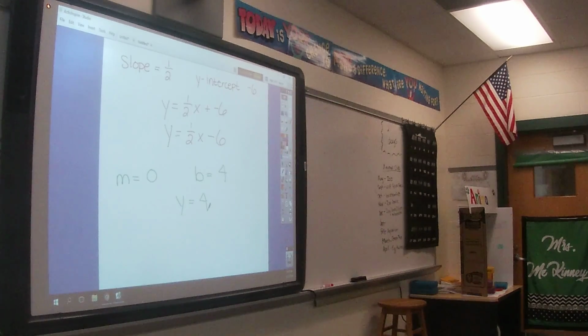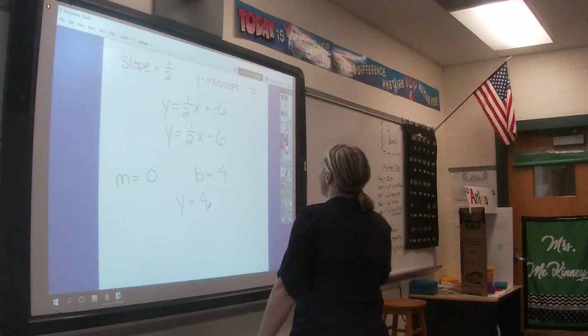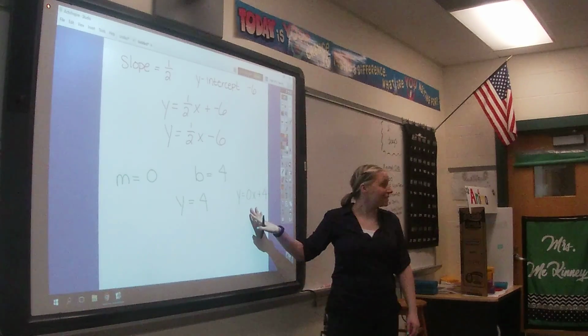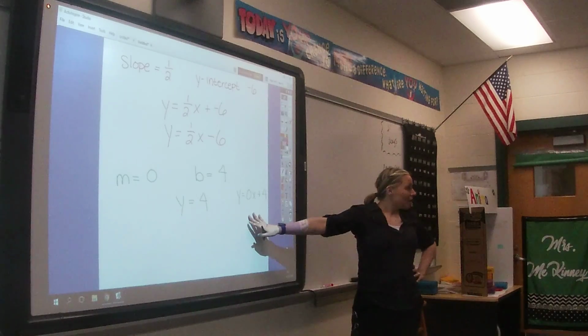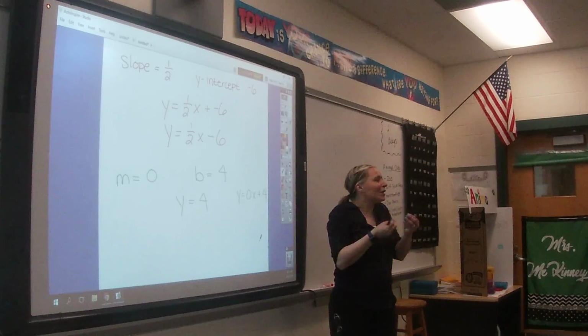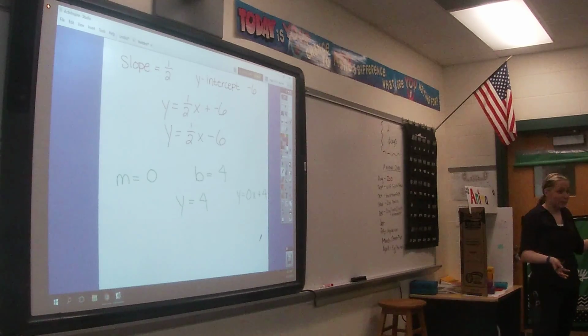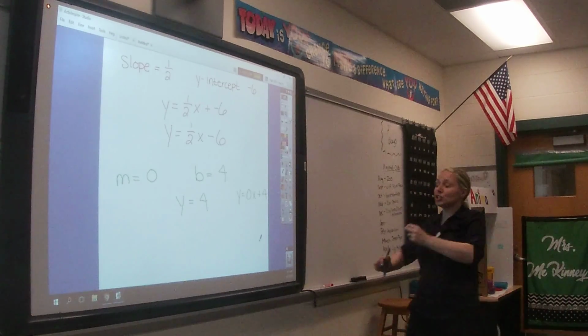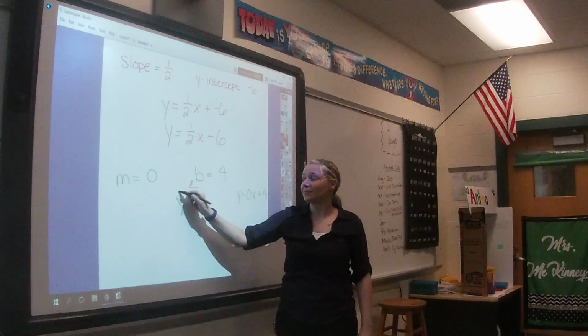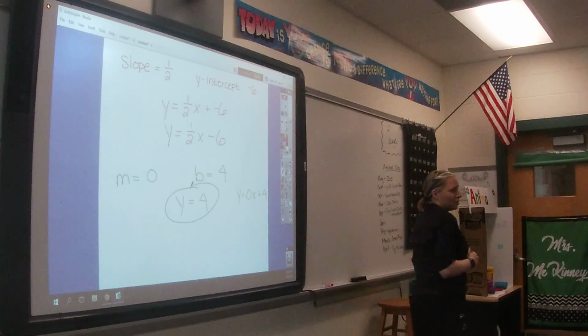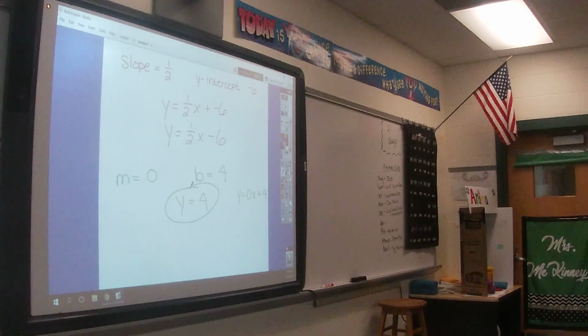It doesn't matter. What do you mean by it doesn't matter, George? It has no value. Right, so if I say y equals 0x plus 4, this is the same thing, but this 0 holds no value that we need to actually identify. It makes it turn into nothing. And so it's okay for us to just write this as y equals 4. Again, if you wrote down y equals 0x plus 4, I wouldn't take off points. You're just not going to see that as a multiple choice option.